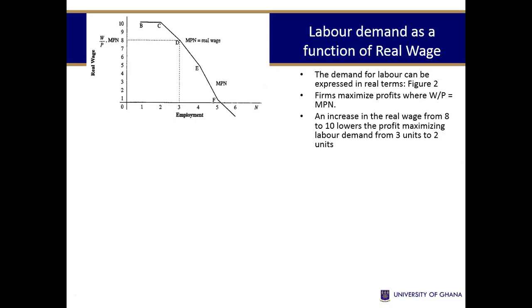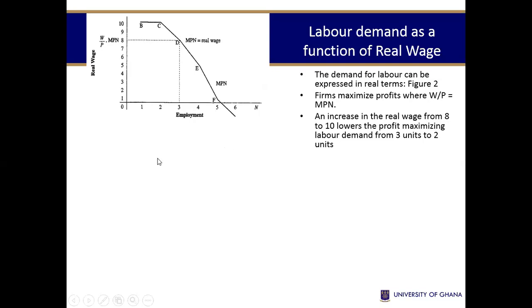If there's an increase in real wage, it means that the cost of hiring labor has increased, because we see the real wage as the real cost of labor, the money that the firm has to pay the household whenever it requires their labor services. So an increase in real wage from 8 to 10 is going to cause a reduction in demand.